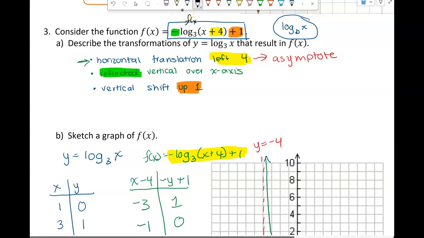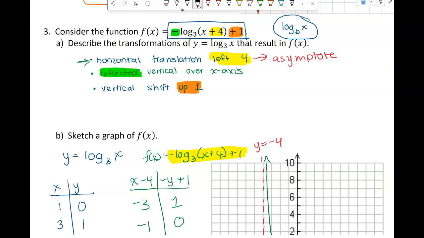In front of it is a vertical stretch, compression, or reflection. Inside with the x is always horizontal, and then outside of the log itself, like this plus 1, it's a vertical shift.